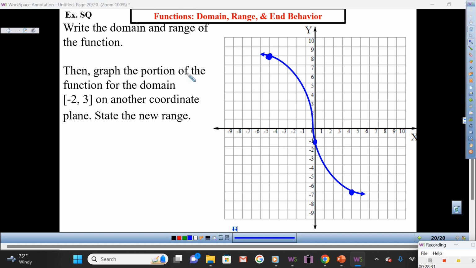So it says, write the domain and range of the function. All right, so let's see. If we focus on the domain and we shoot our laser from down here upward, tell your neighbor between what values is that function found. Between what values?